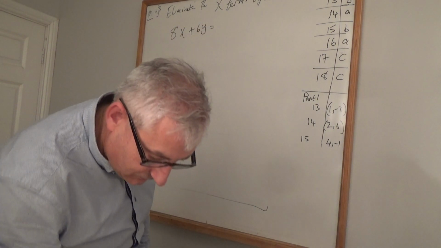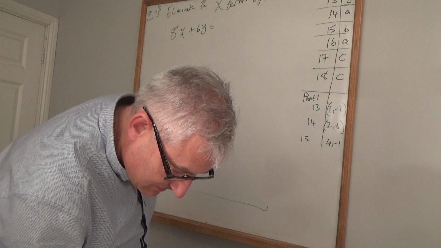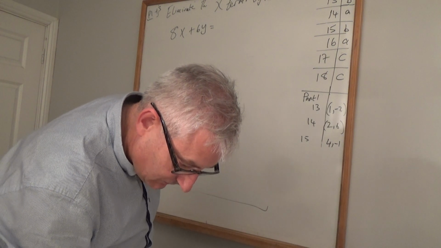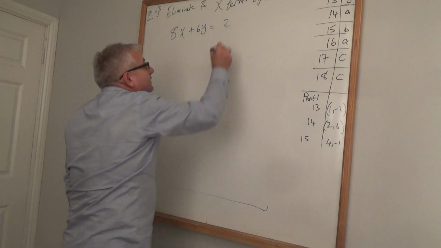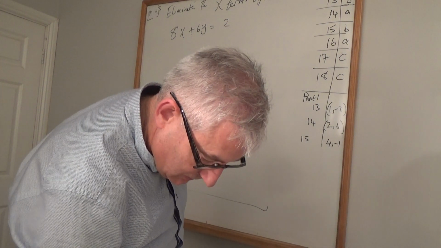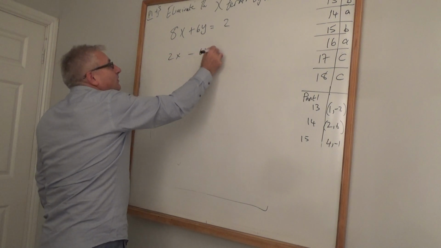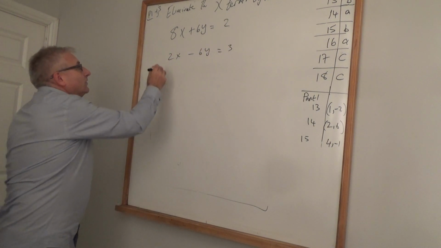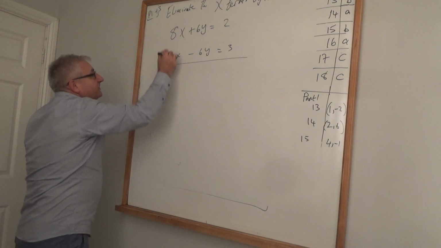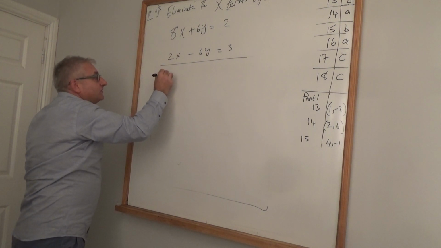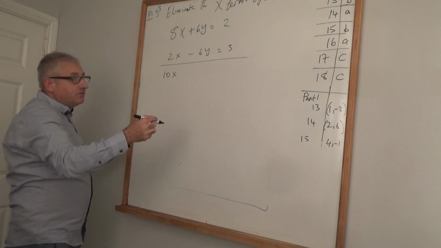8x plus 6y. Where am I going? That's for 8x plus 6y equals 2. 2x minus 6y equals 3. Okay, let's speed things along here now. So that'll be 10x. I was going to write down the 10x I've calculated and simplified already.